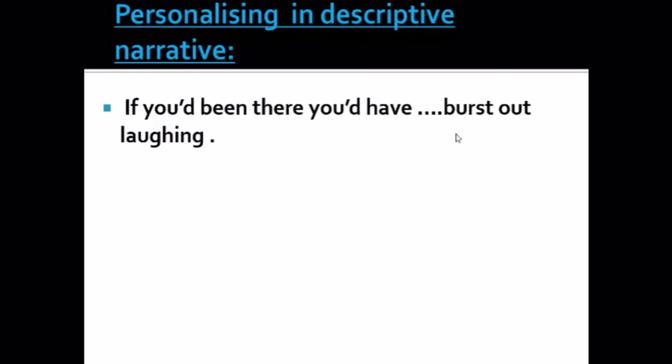The coffee now fell on Julia's dress, so I can personalize, which means I will never forget the reader. So I can say, if you had been there, you would have burst out laughing on seeing the coffee on her dress. So this is what we call personalizing.